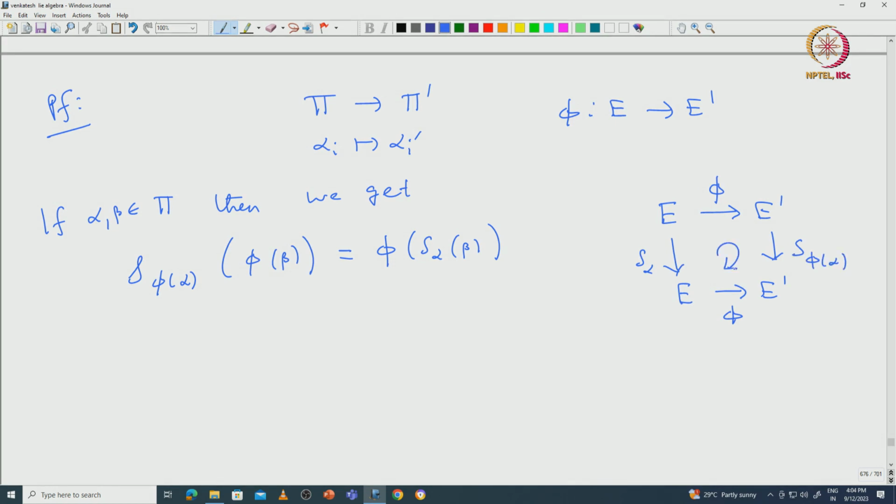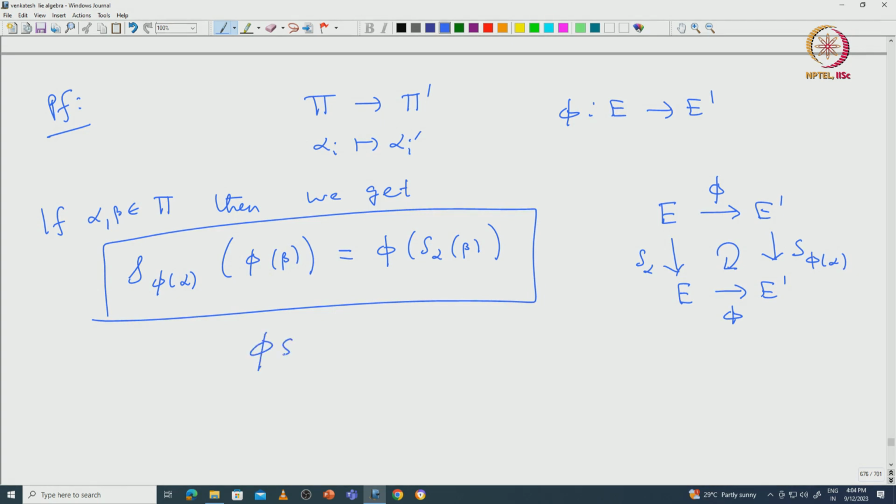Then this diagram actually commutes, that is what this equation tells us. So that means π S_α π⁻¹ is going to be exactly S_π(α). That is what we are getting for α in Π.